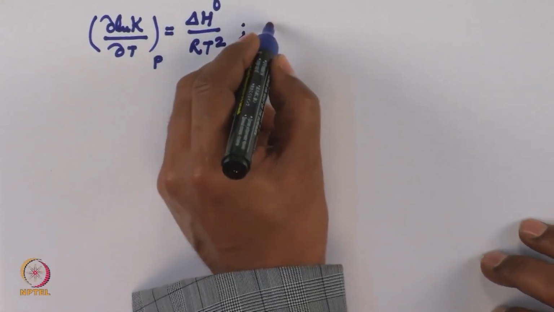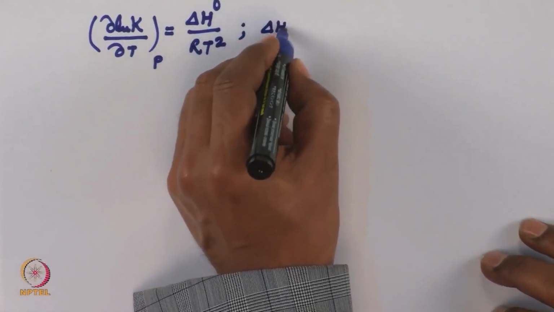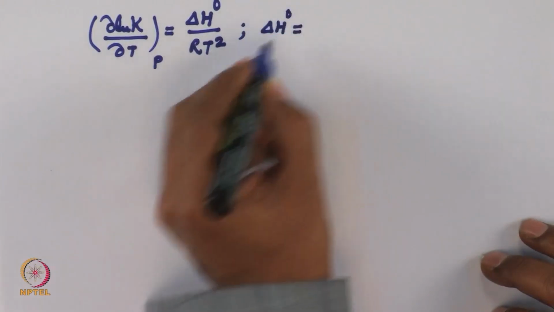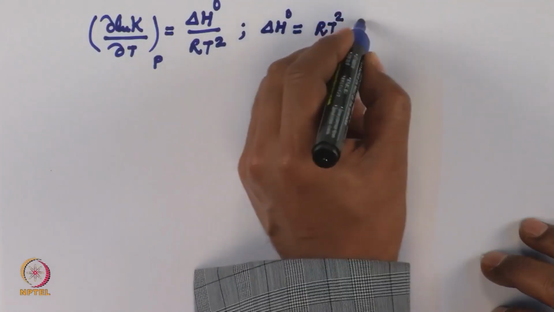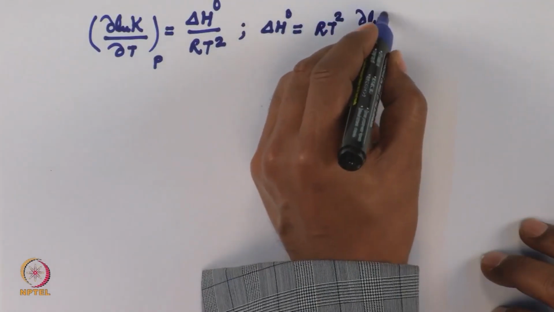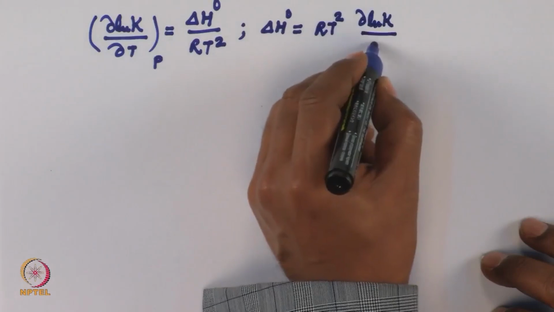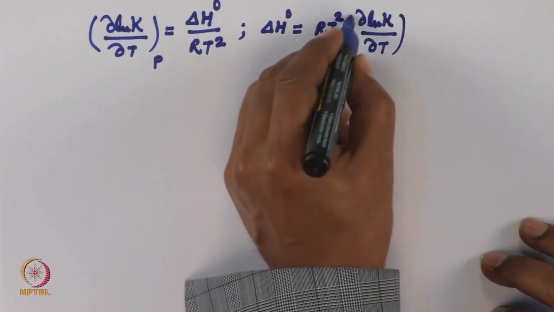In other words, I will write delta H naught is equal to RT square into d log K by dT at constant pressure.